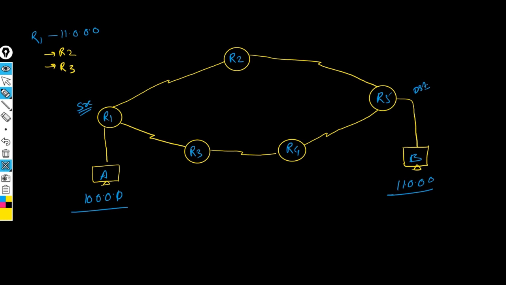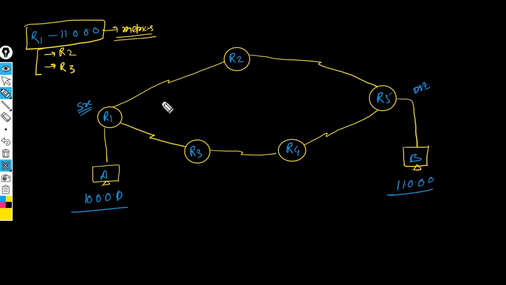Now which will be the best path to reach the particular 11.0.0.1? This will be defined by using the metric. Always remember, whenever we have more than one path to reach the same destination network, in that case we are going to use the metric to define which is the best path for us.